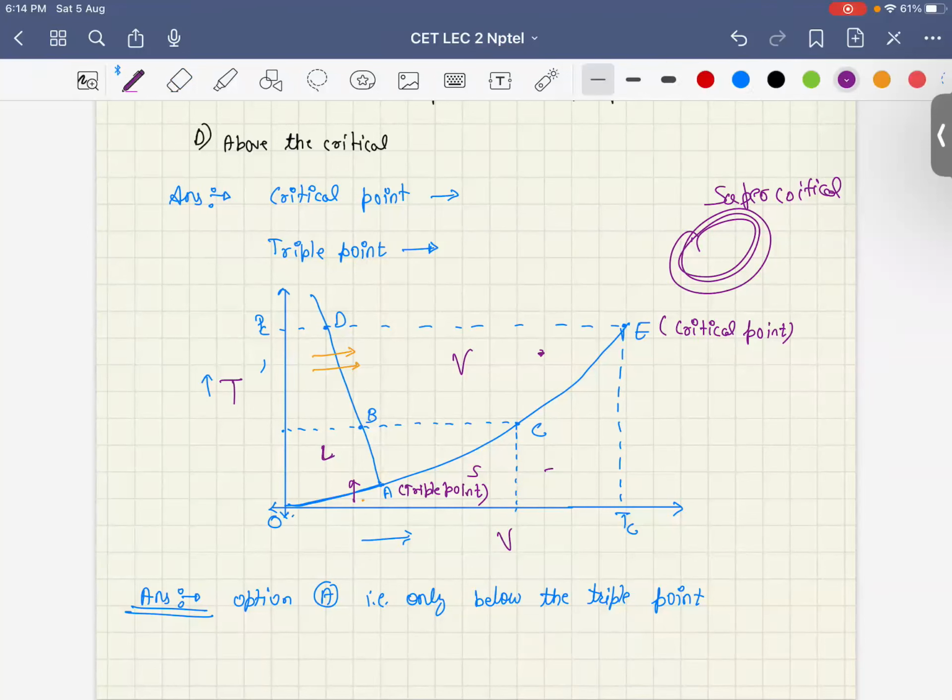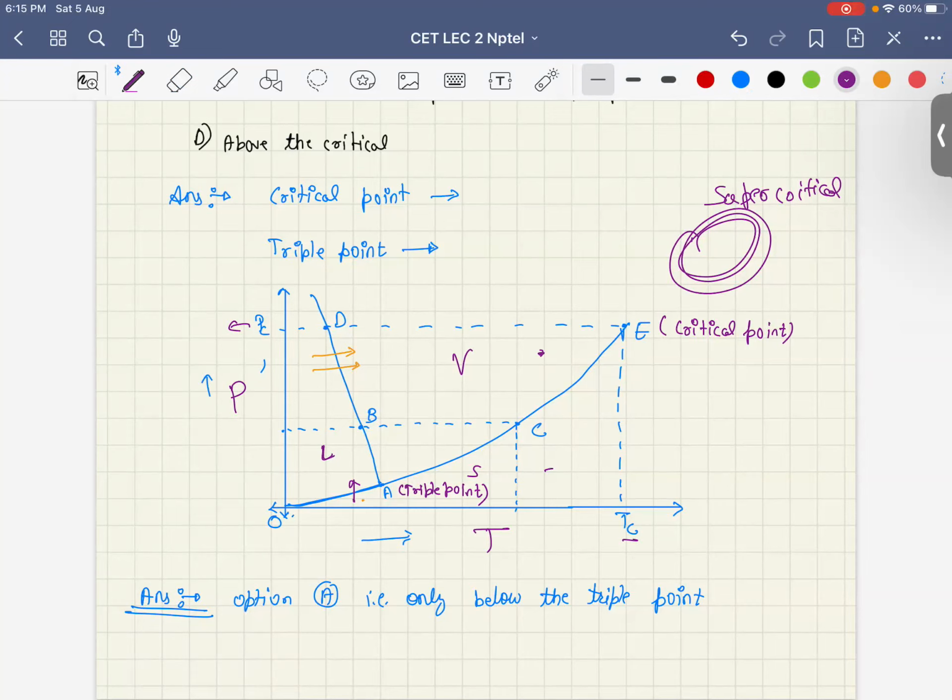Let's check. Oh, this is a PT diagram. This is pressure, and this is temperature. That's why it's critical pressure, and this is critical temperature.